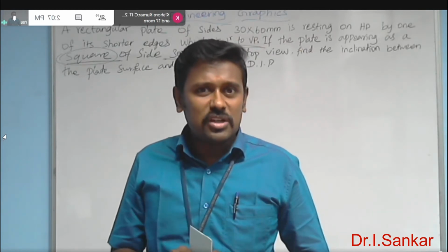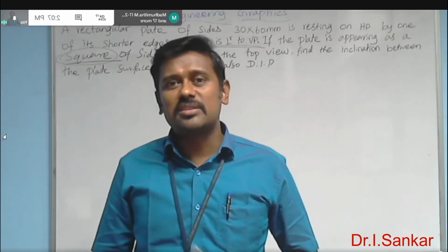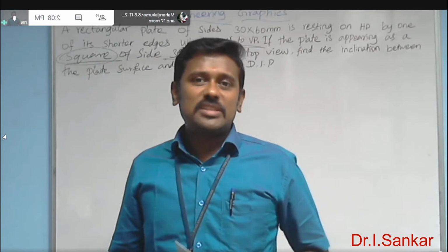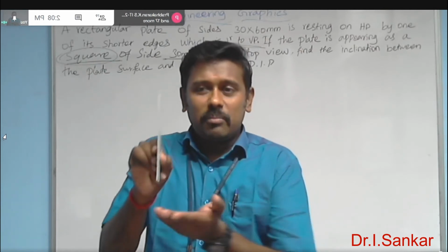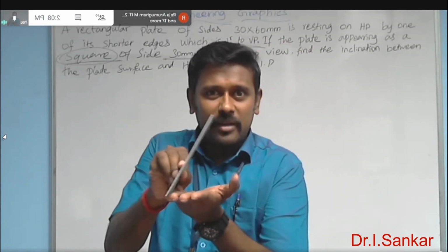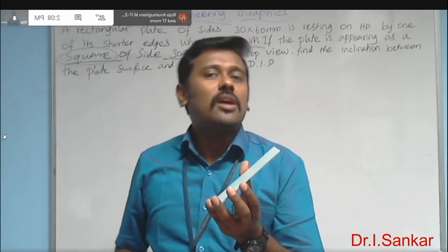But in this question, the angle of inclination between the plate's surface and HP is not given directly. Instead of that, one output statement is given. That is, after incorporating the inclination between this rectangular plate surface and the horizontal plane, this rectangular plate is looking like a square in its top view.